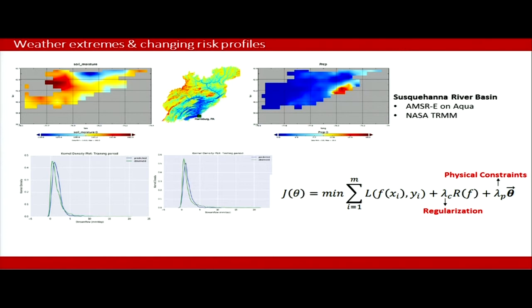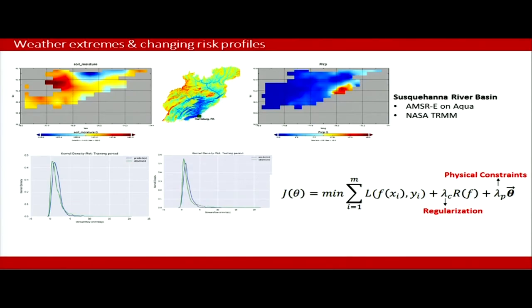So the combination of the regularization that we learn from data science plus regularization from physical constraints has started showing some initial results, giving us better reproducibility of the statistics of stream flow to begin with, and improved understanding of the processes.